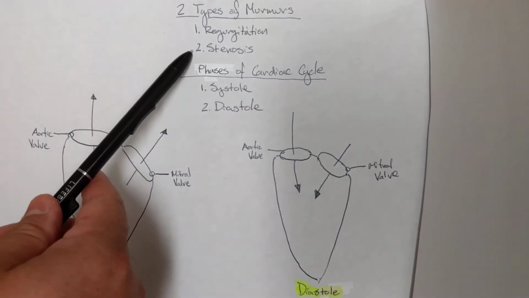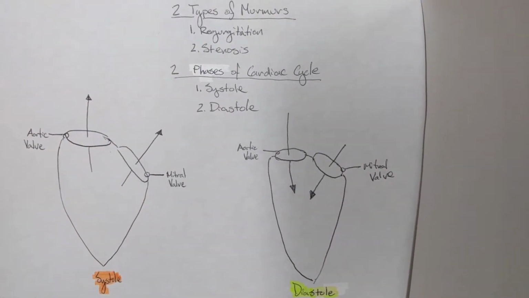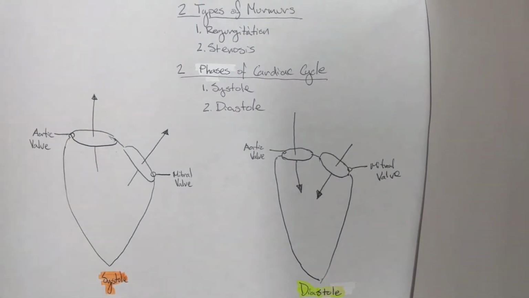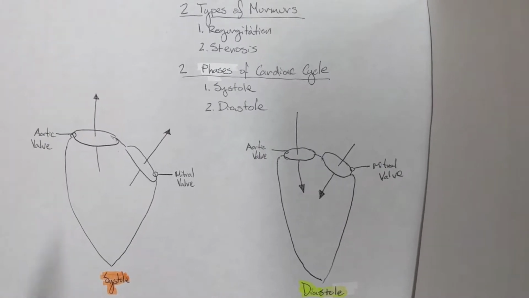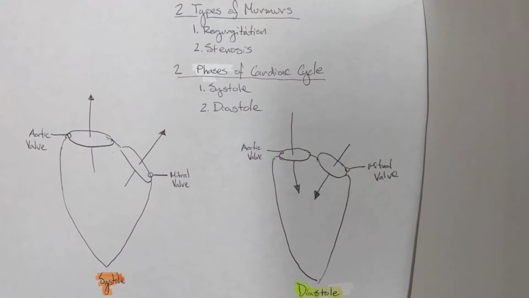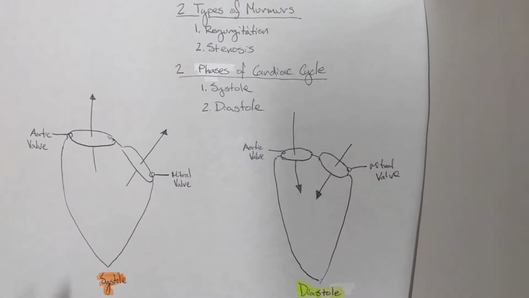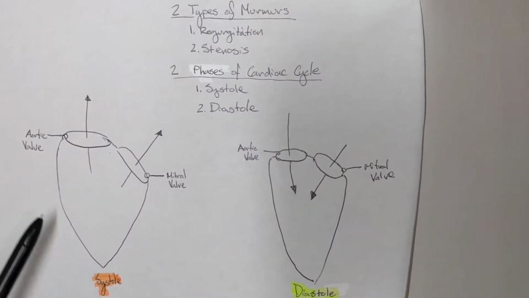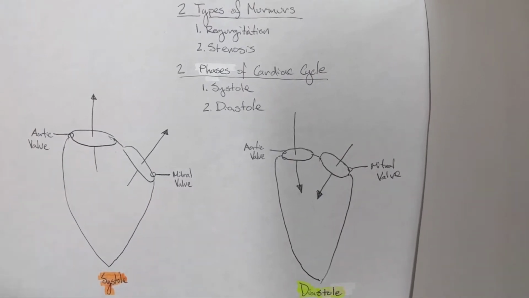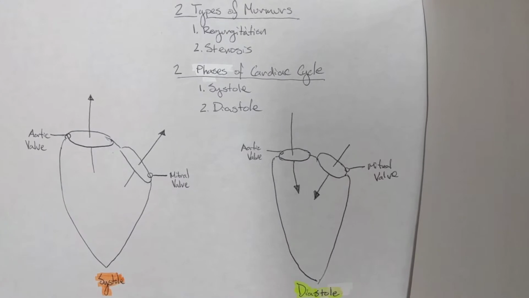And a stenotic murmur you're going to hear from the valve that is normally open during whichever phase of the cardiac cycle you're hearing it in. So for instance, during systole, the aortic valve is normally open. So during systole, if you hear a murmur from the aortic valve, that's going to be a stenotic murmur.